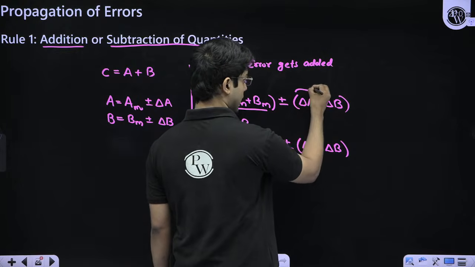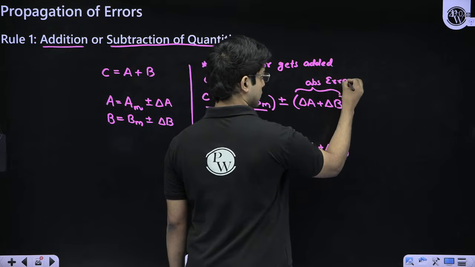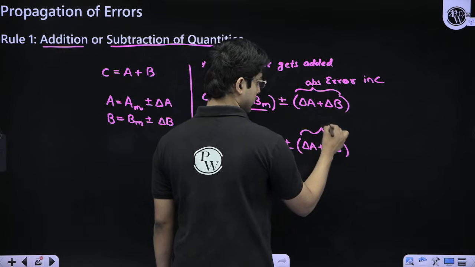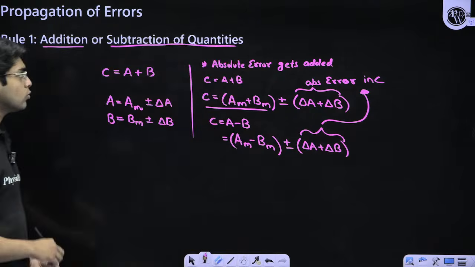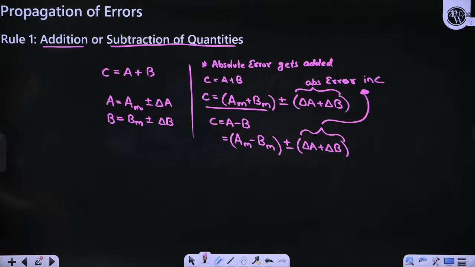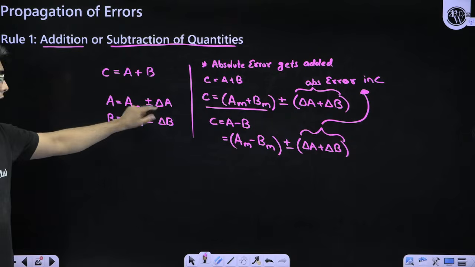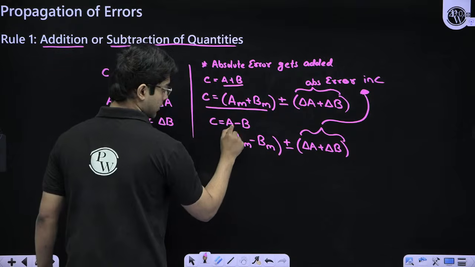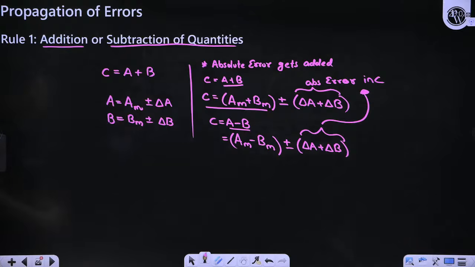Okay, so that is the rule for addition or subtraction. Just add or subtract the measured values depending upon if you're adding or subtracting, but the absolute errors always add them.